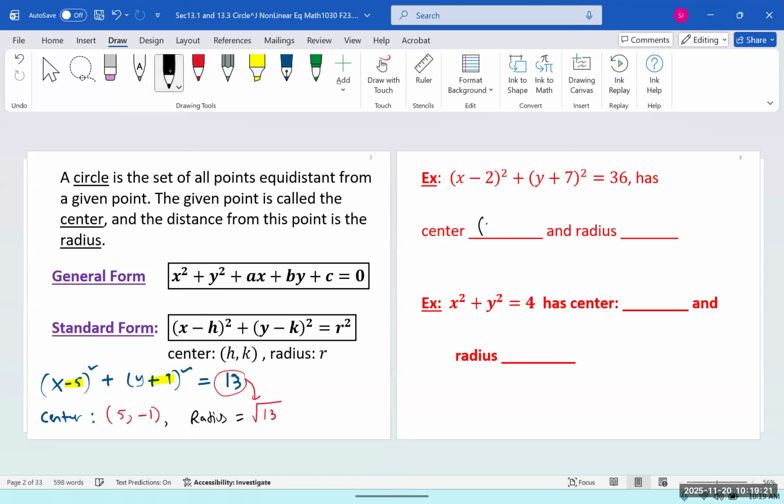Yeah, (2, -7). So opposite sign from both inside. And how much is the radius? 6. From here, you take the square root of 36, and it's reducible, so whole number 6.